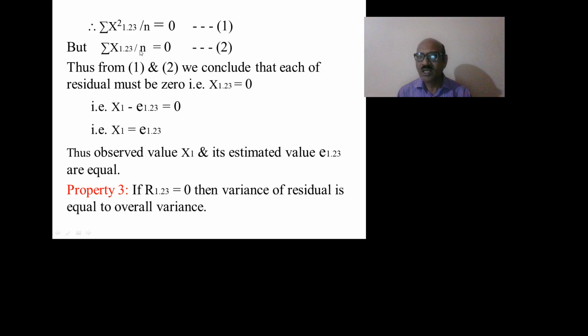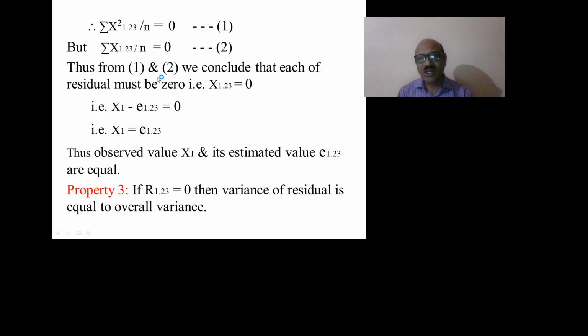Now from 1 and 2 what have we seen? We have seen that the sum of the values as well as the sum of the squares of values of x1.23 are giving the zero value, because if you take n to the right hand side, you are getting the sum of the values and the sum of squares of the values, the total will again be equal to 0. When will it happen? If and only if all the x1.23 values are 0, then only it will occur.